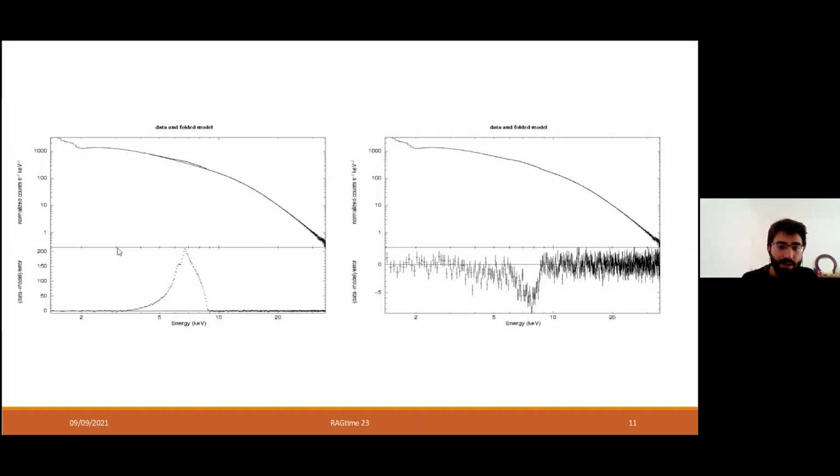Now, here you can see the simulated spectrum with eXTP using 1636, the same source as before, as a basis for the spectra. And you can see that if you take out the whole iron line, the residuals are immense.